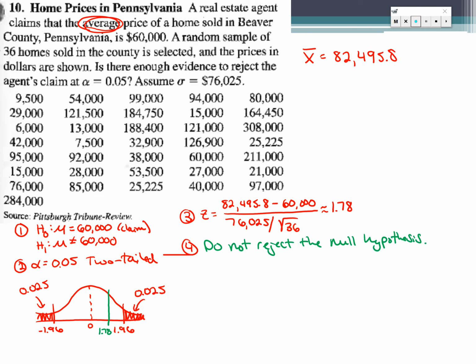And again, that is all I would need you to put for a step for me on a question like this on your test. But for the sake of your notes, if you want to put why we said that, the test value of 1.78 falls in the non-shaded, which is the non-rejection region.